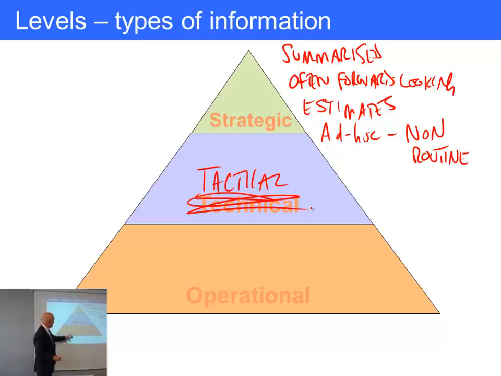We go to the bottom one though, operational. The people recording the day-to-day operations in the organization. Well, this is very detailed. If you're recording sales to a customer, you'll record it to the last cent. There's absolutely no way around that. It is nearly always historical.